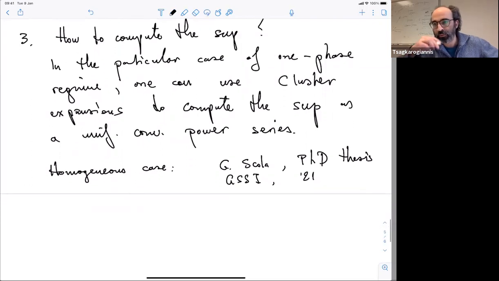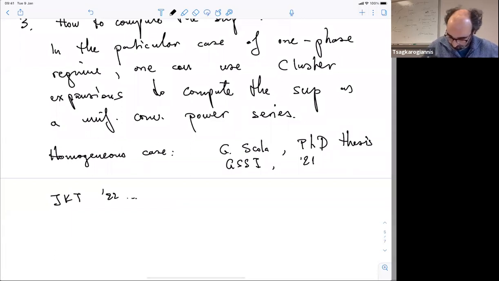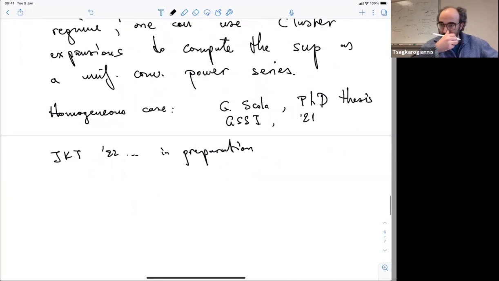And with my collaborators, Jansen, Kuna, etc., we did it for the inhomogeneous case, and this is in preparation. And this is what I'm talking about.